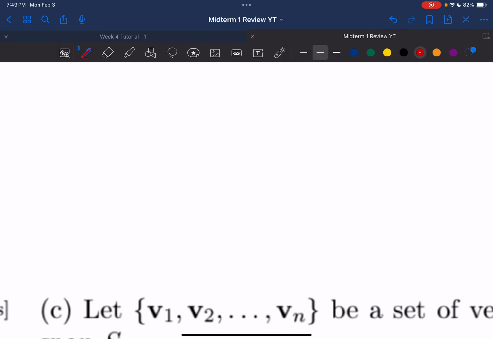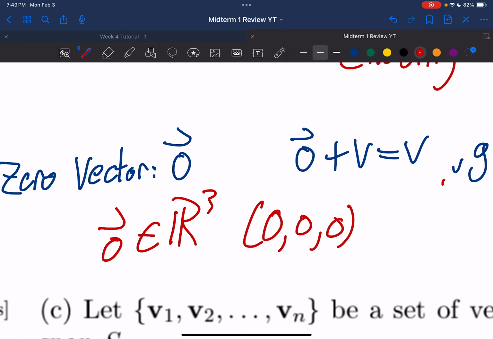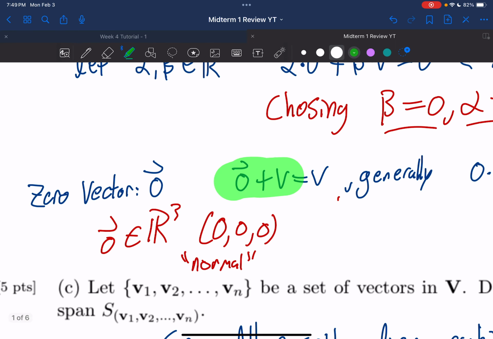Now to define the zero vector a bit more, it's generally your familiar notion. For example, the zero vector in R3 is (0, 0, 0), at least under normal vector operations. But really the zero vector is this identity element where, as you would expect, you add 0 to any vector and you get back that same vector.